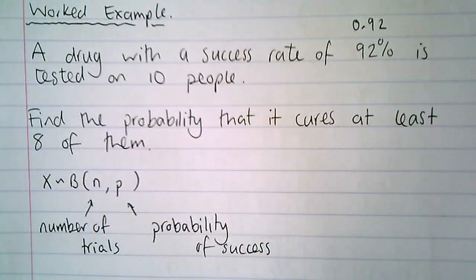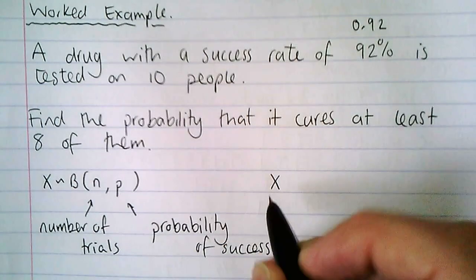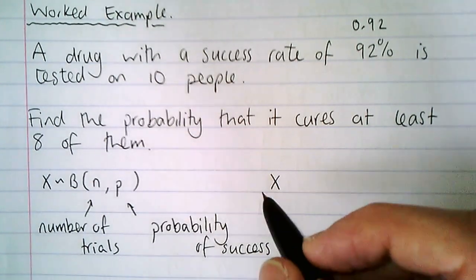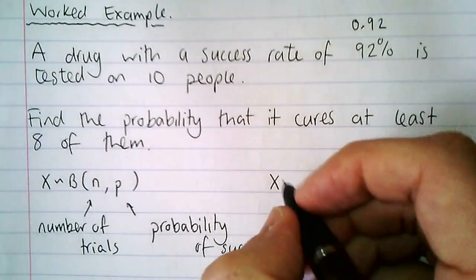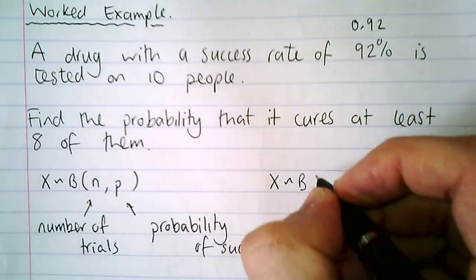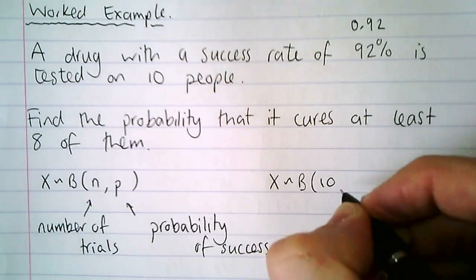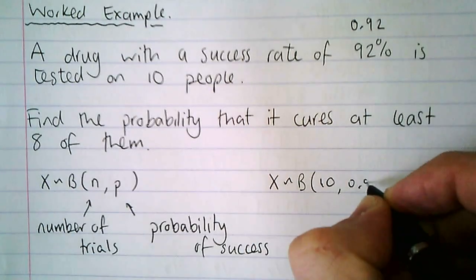So in this particular example, we've got our random variable x here. The random variable x is how many people are cured. So here x is binomially distributed with number of trials 10 and probability 0.92.